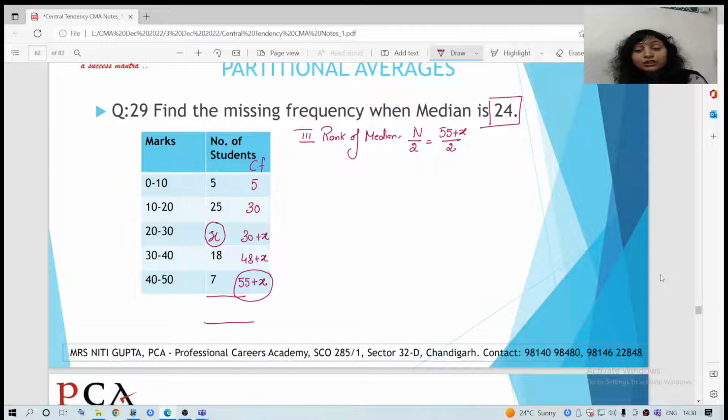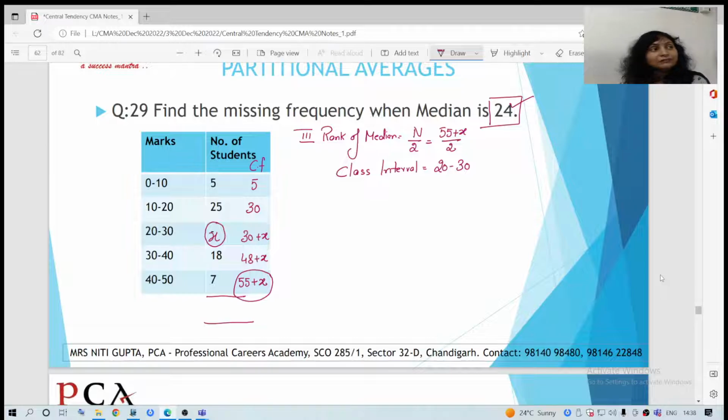But the most amazing thing is we have been given the value of median. So from the value of median we can identify the class interval. Our median is 24. It means our median lies in class interval 20 to 30.